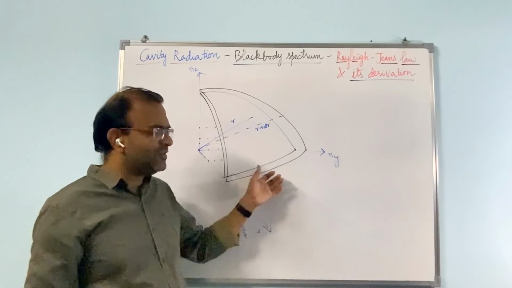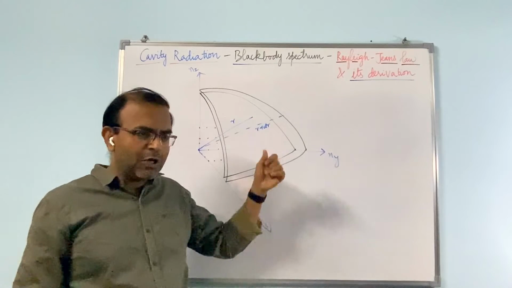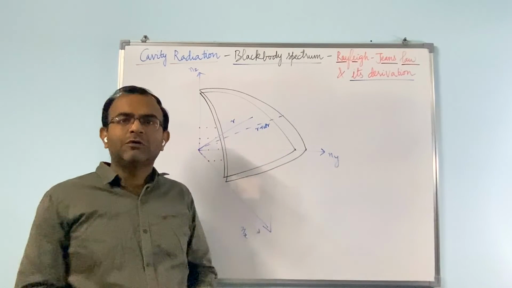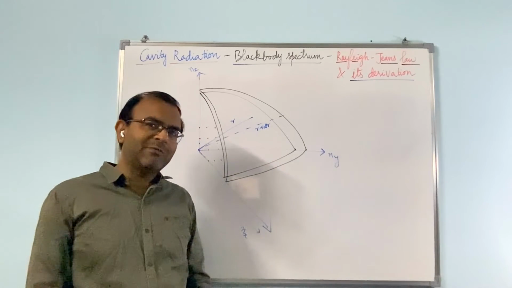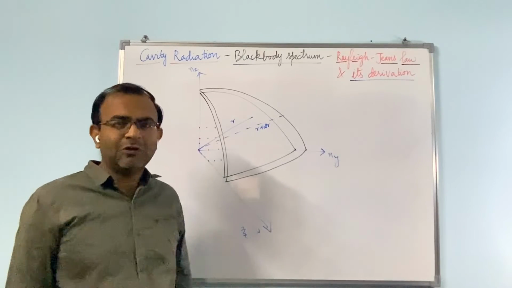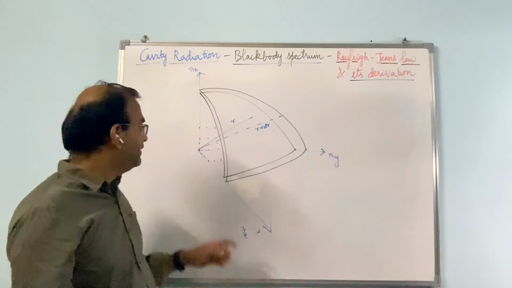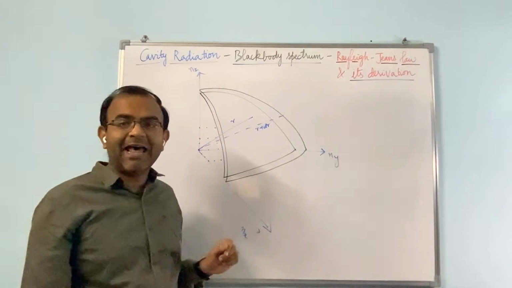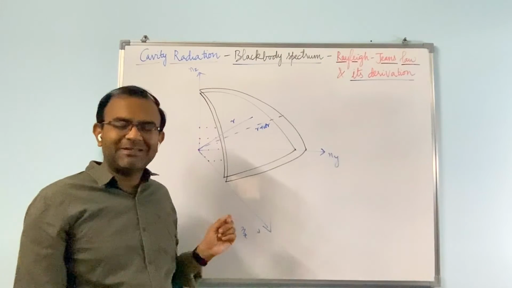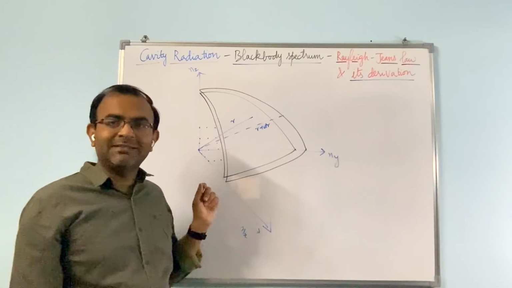Therefore any combination of nx, ny and nz would lead us to the allowed frequencies or wavelengths. Each point on this array represents an allowed value of the standing wave.